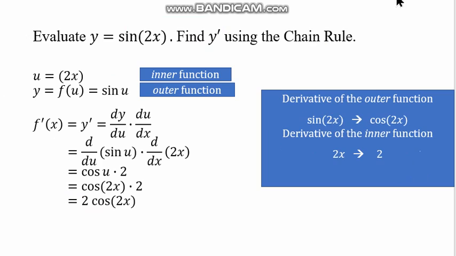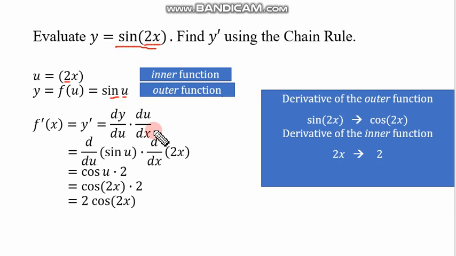Okay, another example. We will evaluate y is equal to sine 2x. Using the chain rule, we will differentiate the function. The 2x here is the inner function, so we let u is equal to 2x, and sine u is our outer function. It means we won't change anything in the value of u, or 2x.